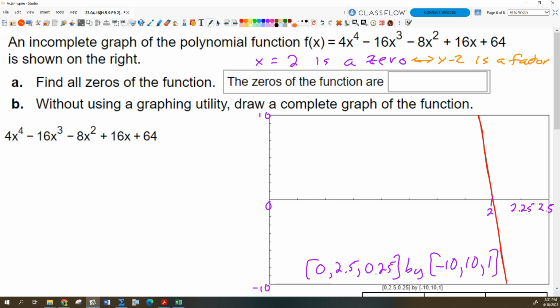That tells me that if I run 2 through synthetically, I know I'm going to get 0 as an outcome. So if this whole thing is equal to 0, it's going to factor into x minus 2 times another factor that's what degree?